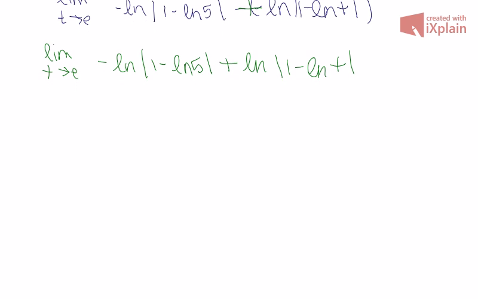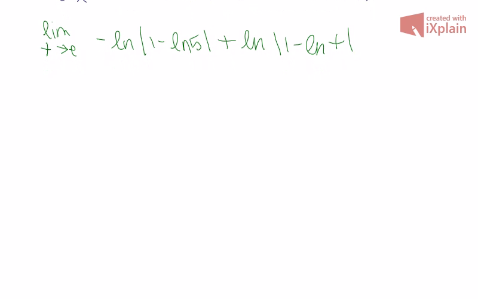Awesome. So another thing to realize as you're doing this problem is that negative ln of x is the same thing as ln of 1 over x. Keeping that in mind, we're going to come back over to this problem.